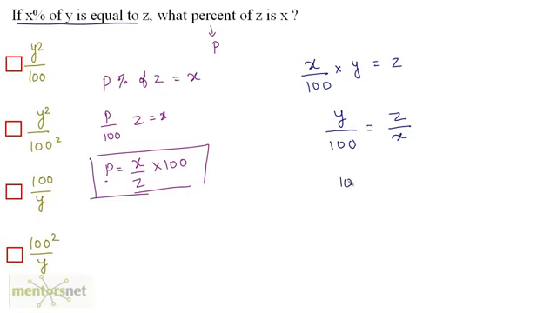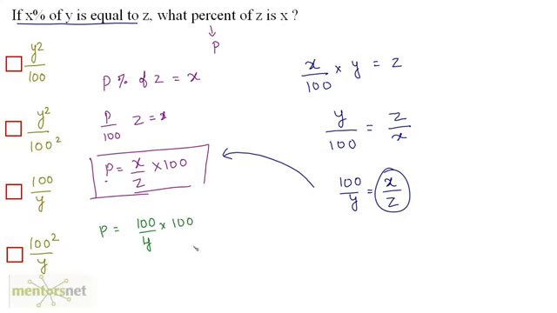We can say 100 upon Y is equals to X upon Z. We can put this value of X upon Z in this equation to get the value of P. So P is equals to 100 upon Y times 100. Therefore, we can say that P is equals to 100 square upon Y. And we have found out our answer. Option D.